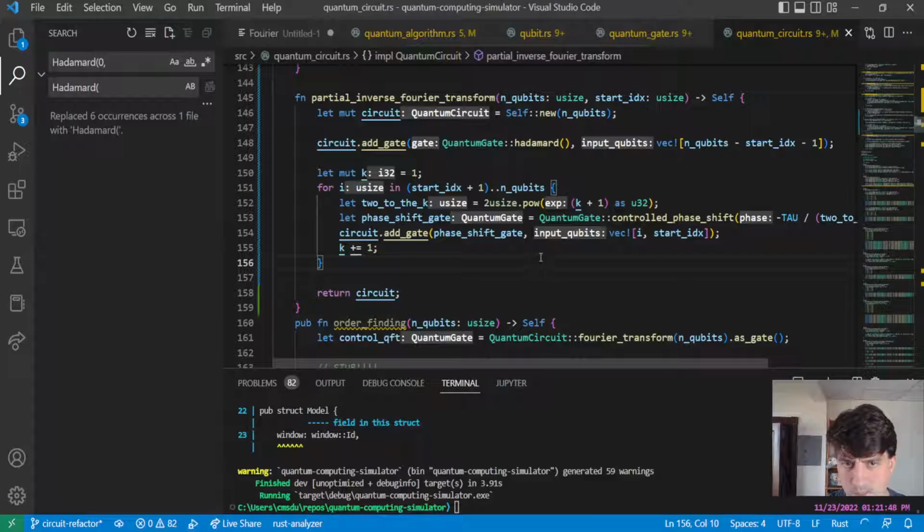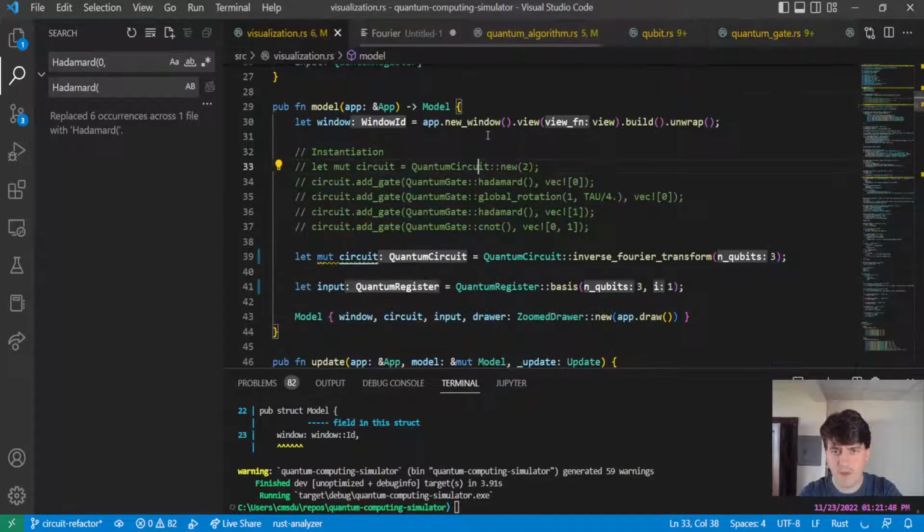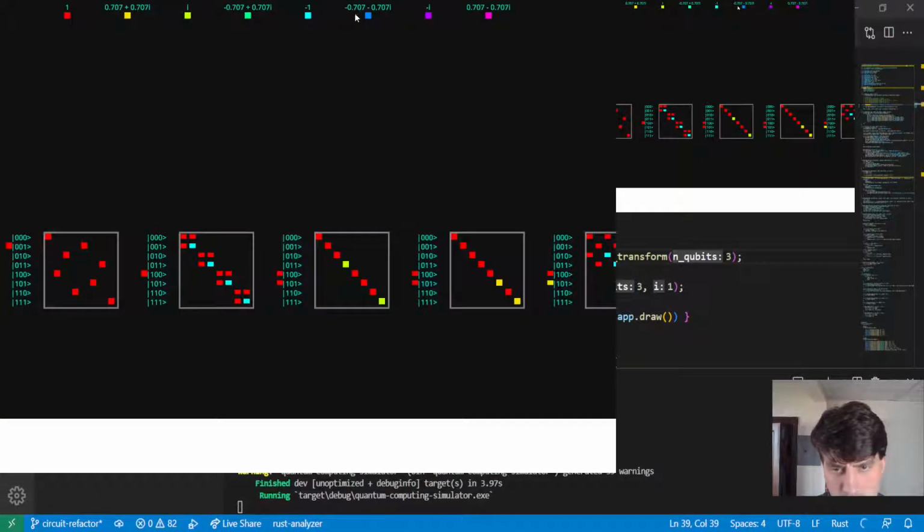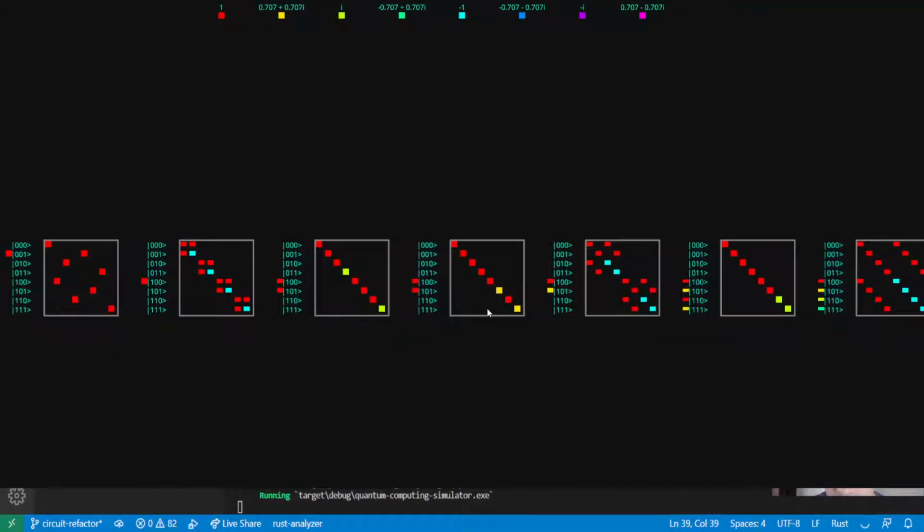Let's see. So in the regular Fourier transform, what's getting rotated by how much? So it's a half, or a quarter, an eighth, and a quarter, and it's the third, the second, or the 2 to the 2 qubit, the 2 to the 1 qubit, and the 2 to the 0 qubit.